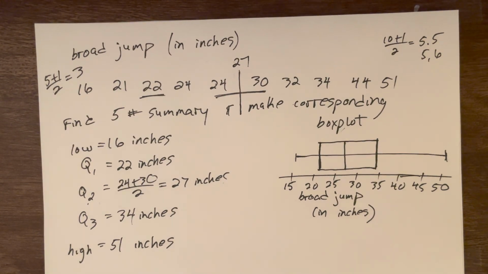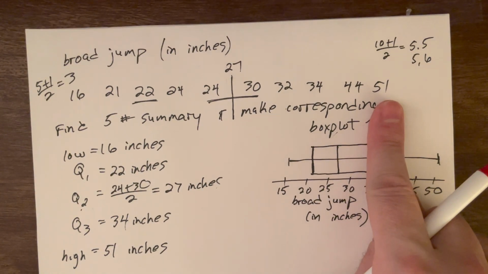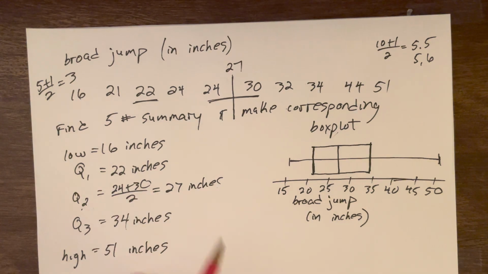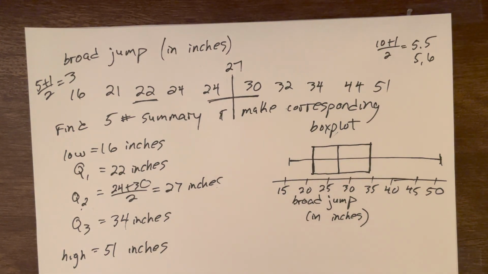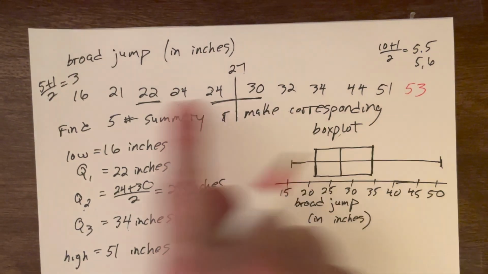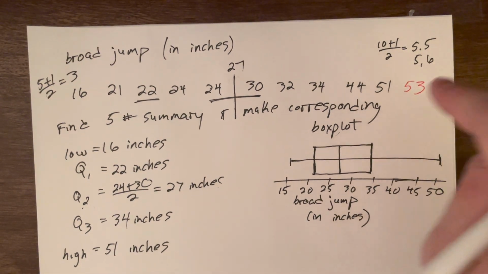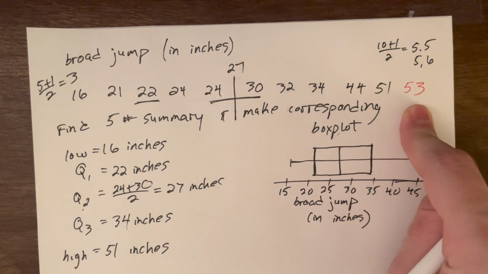But now, little tweaks. Let's see those other possibilities. All this was set up with that original data set, and this was all correct, but now I'm going to change color here. I'm going to add one new value. Let's say we had one more student, and they jumped 53 inches. Just so I can keep this in order, I'll add one more really high jumper, one very far jumper.